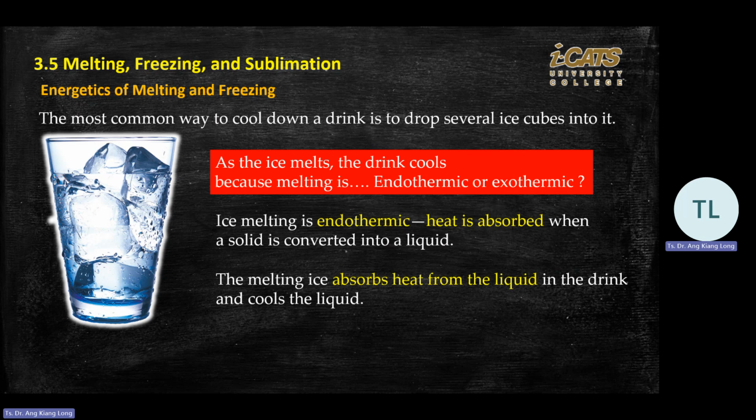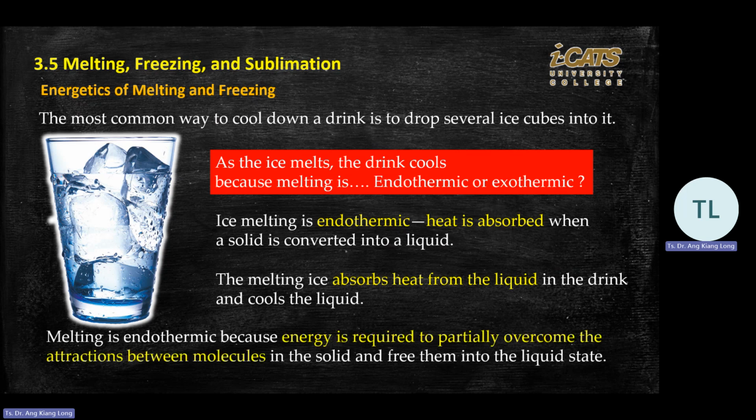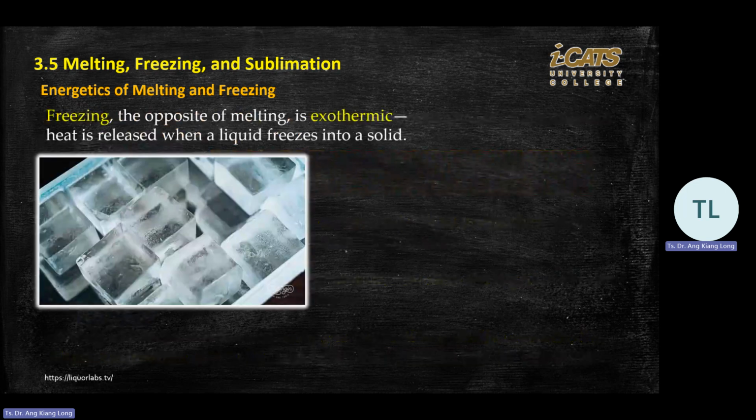So this is the reverse. So this one you read now. Okay. Freezing is exo, right? It's exo because heat is released. It's just the opposite concept from the previous slides. Again, we highlight endothermic and exothermic.